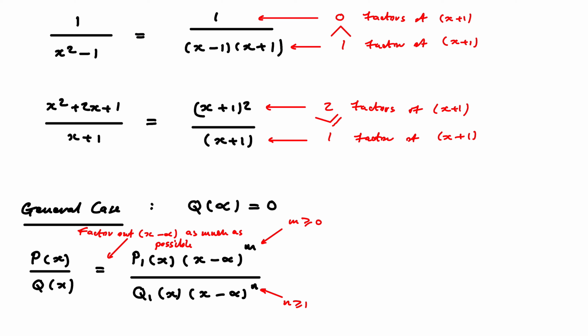So here's the story, it's very simple. You just look: is it top heavy or bottom heavy? That basically tells you what's going to happen. If there's strictly more on the bottom than on the top, so m is strictly less than n, then I get an infinite discontinuity.